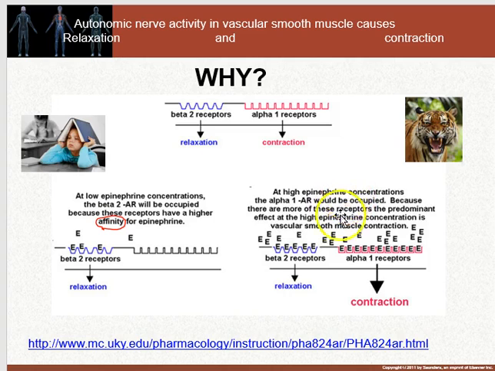And now, even though the affinity for epinephrine in terms of alpha 1 is much lower, all the beta 2 receptors are currently occupied by all this excess epinephrine, which means epinephrine can slide over and bind to the alpha 1 receptor. Because of the number of alpha 1 receptors, note there's more alpha 1 than beta 2, more in number, there's a more intense vasoconstrictor response.